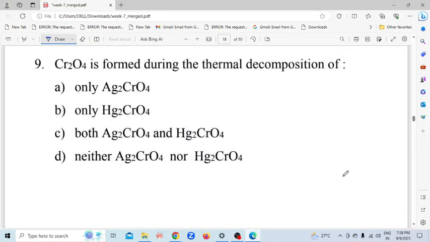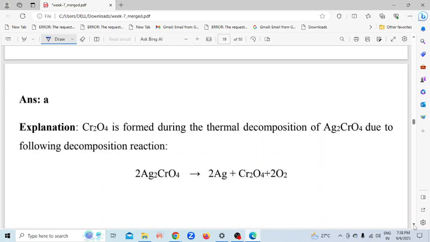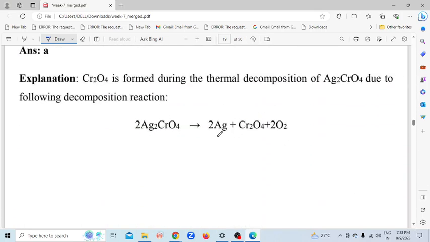Then question number 9. Cr2O3 is formed during the thermal decomposition of, okay, option A is correct, because in Ag2CrO4 a different reaction occurs, which is written here. Ag2CrO4 will make 2Ag and Cr2O3 and 2O2.